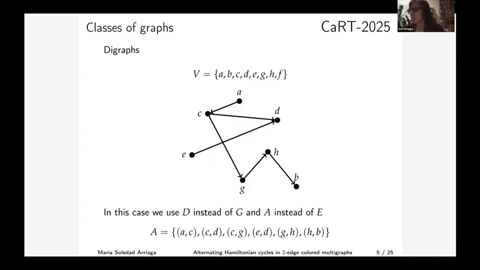In this class, instead of lines, we put arrows between two vertices, and we use D instead of G and A instead of E. A is a set of ordered pairs of vertices.